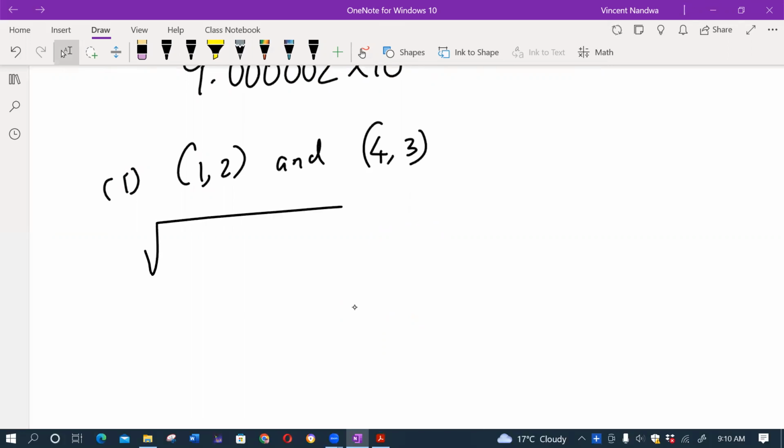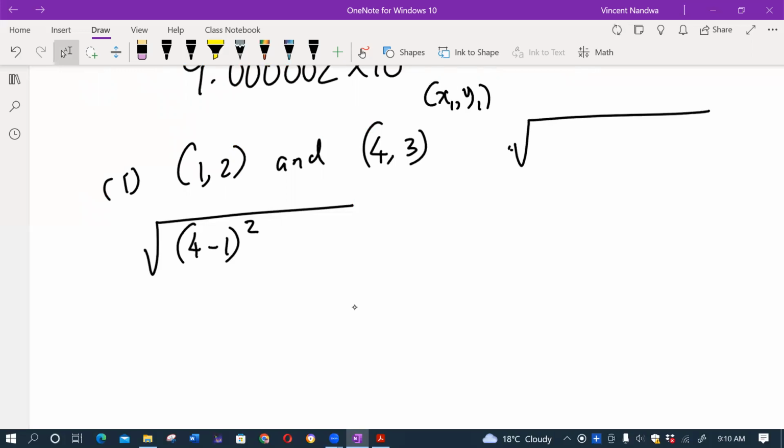Remember, the distance between 2 points x1, y1 and x2, y2 is given by the positive square root of x2 minus x1 squared plus y2 minus y1 squared.